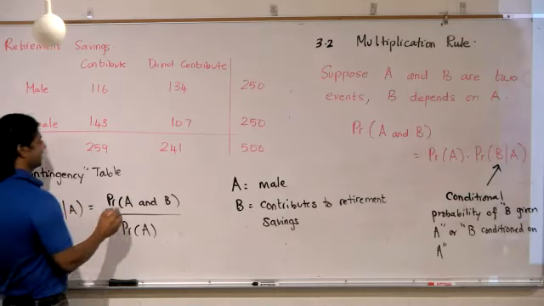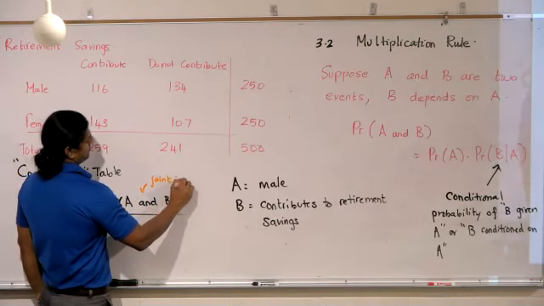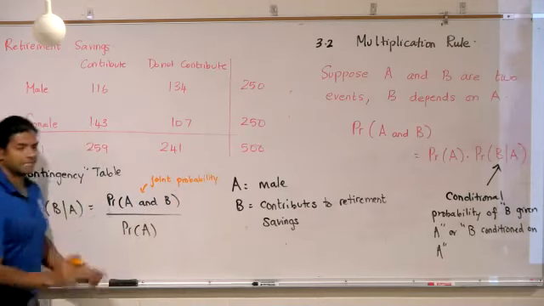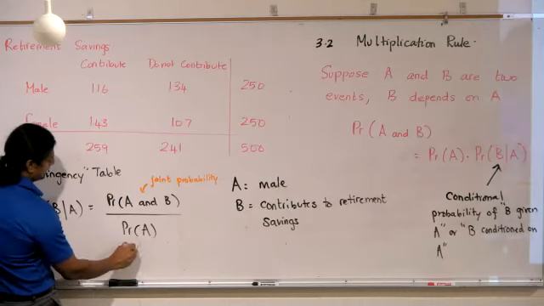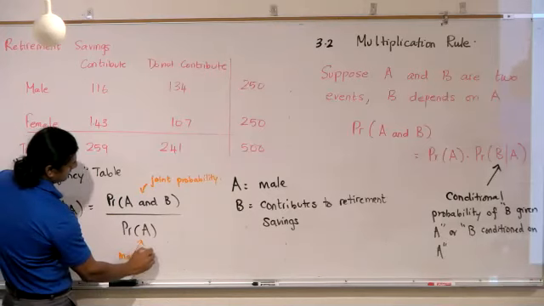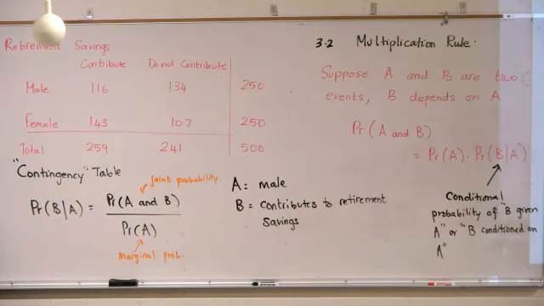The numerator is the joint probability of A and B together, the denominator is the marginal probability. And I'll tell you why we call it marginal probability, because it's quite ingenious.